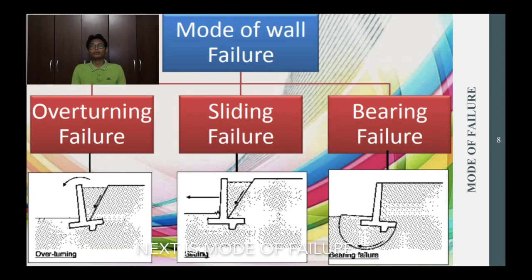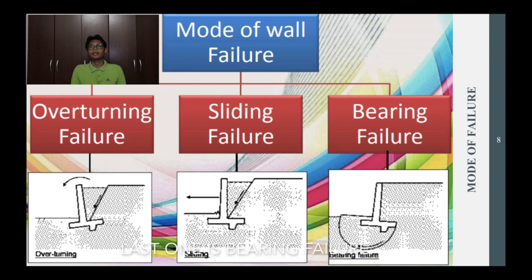Next is mode of failure. There are three failures. First, overturning failure. Overturning failure is rotation of the wall about its toe due to the overturning moment exceeding the resisting moment. Second, sliding failure. Sliding failure is sliding of the wall away from the backfill when there is shearing failure at the base of the wall.